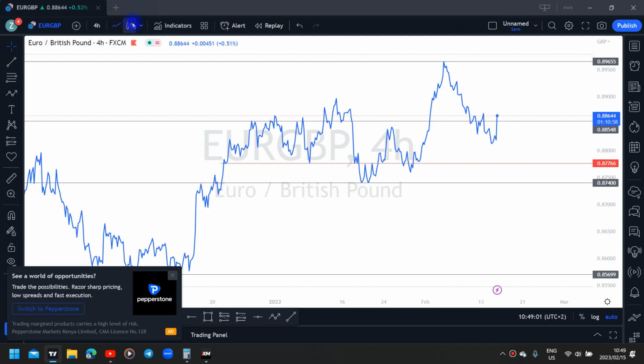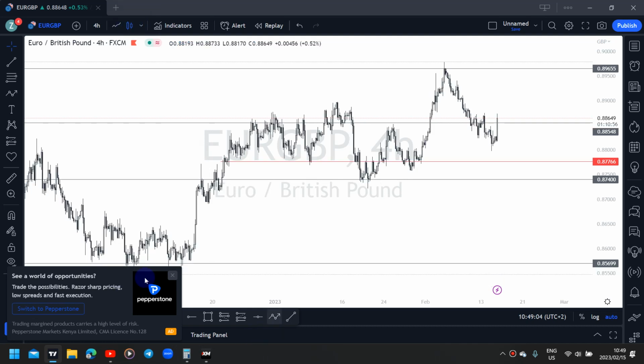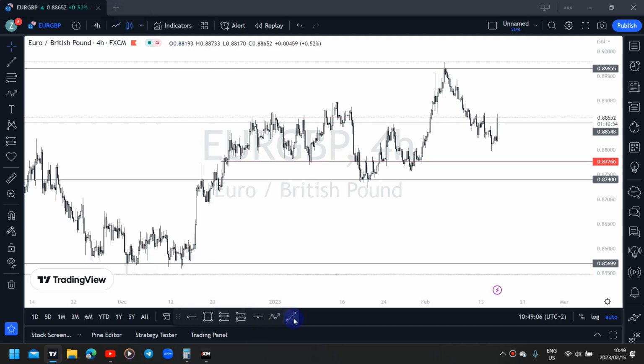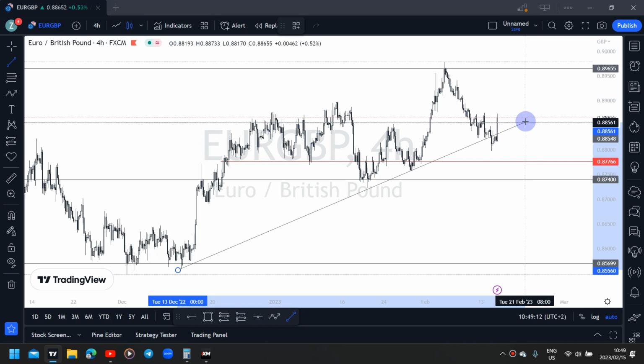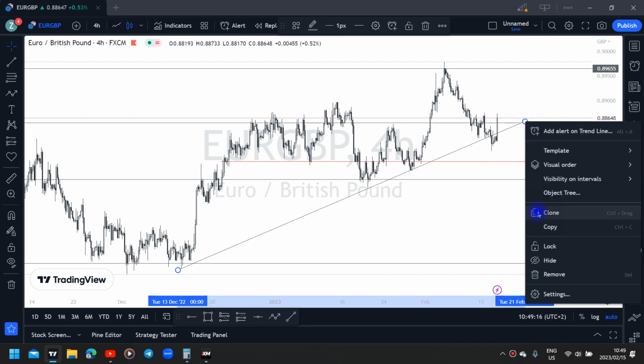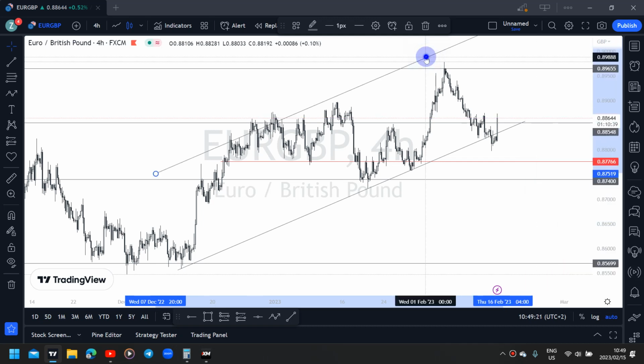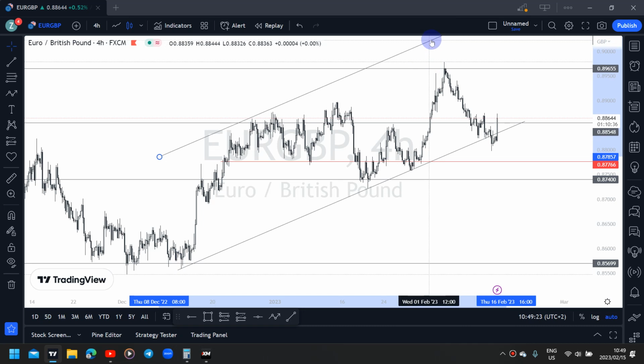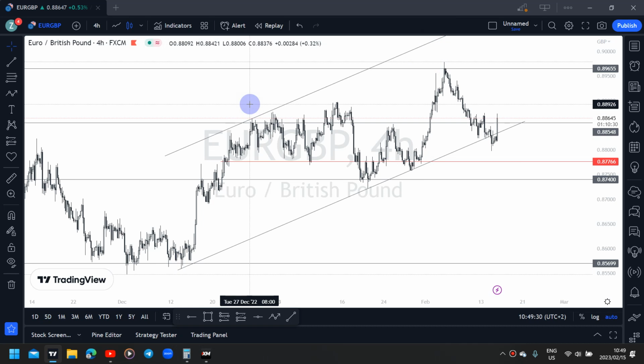So now that I have identified my key levels on the 4-hour time frame line graph of the EURGBP, switching back to candlestick would be me now catering for my trend lines, the market structure, the overall direction.